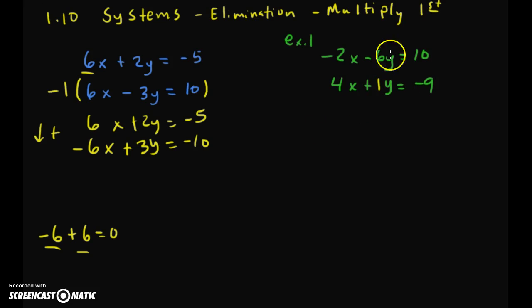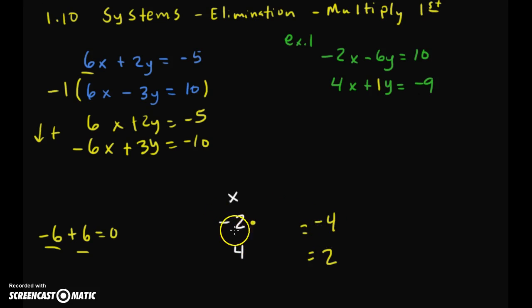So how do we create opposites when the numbers aren't 6 and 6, or when they're not given to us? It's fairly easy. Looking at the numbers in front of x, you've got -2 and 4. The opposite of a 4 would be a -4, and the opposite of a -2 would be a +2. What do I need to multiply -2 by to get a -4?